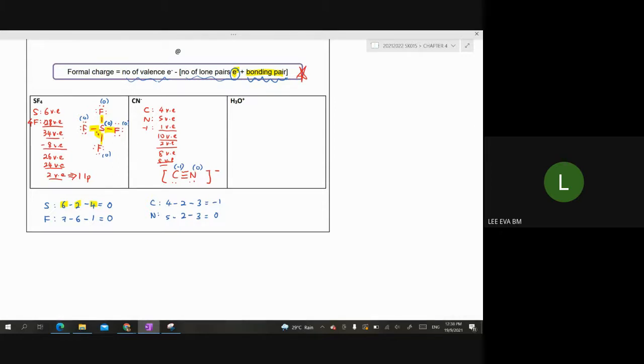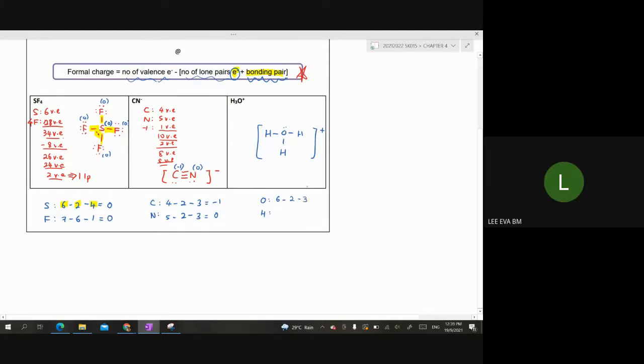Okay, H3O plus. The structure just now, Madam had already guided you how to do. This is your structure for H3O plus. Can you try to calculate the formal charge for oxygen and also for hydrogen? For oxygen, 6 minus 2 minus 3.